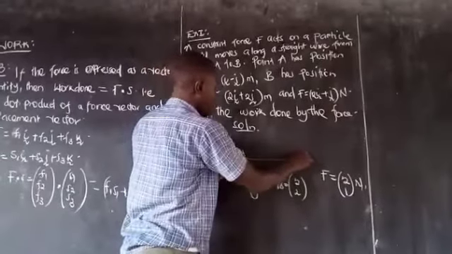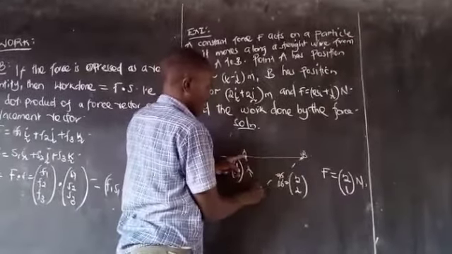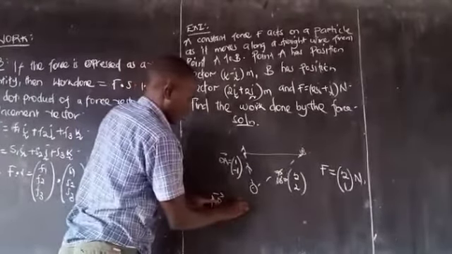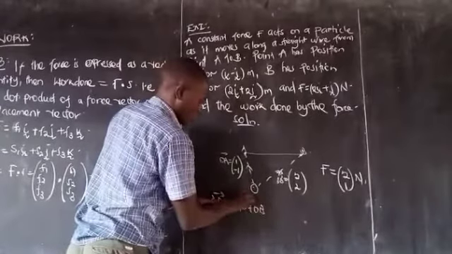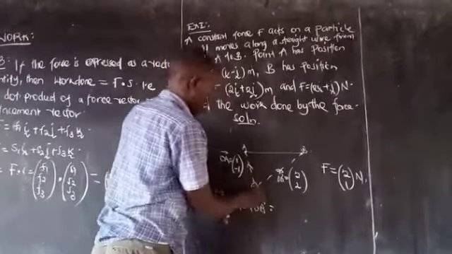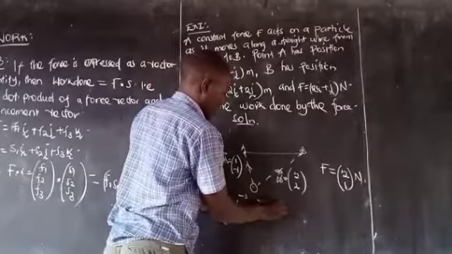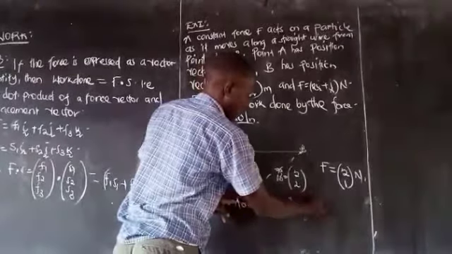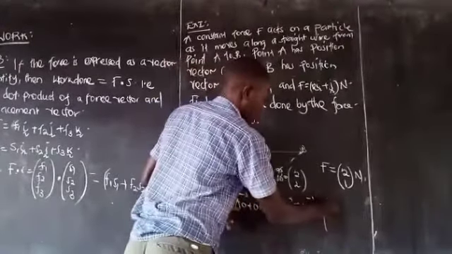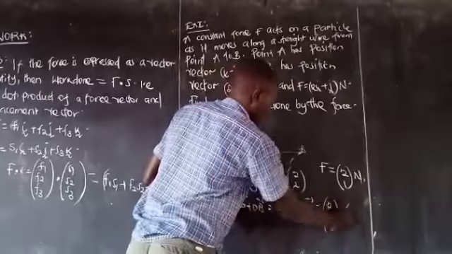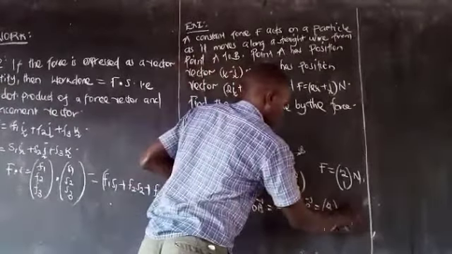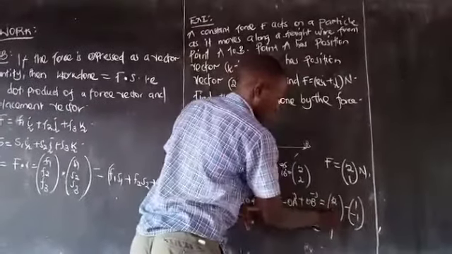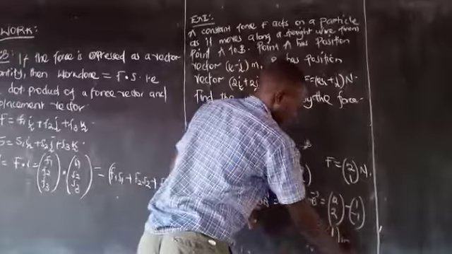To get vector AB, you move from A to O and then O to B. So vector AB equals AO plus OB. But AO is the negative of OA, so we have negative OA plus OB. This gives you OB, which is (2, 2), minus OA, which is (1, -1). And this is (2 minus 1, 2 minus -1), which is (1, 3). So that is the displacement.